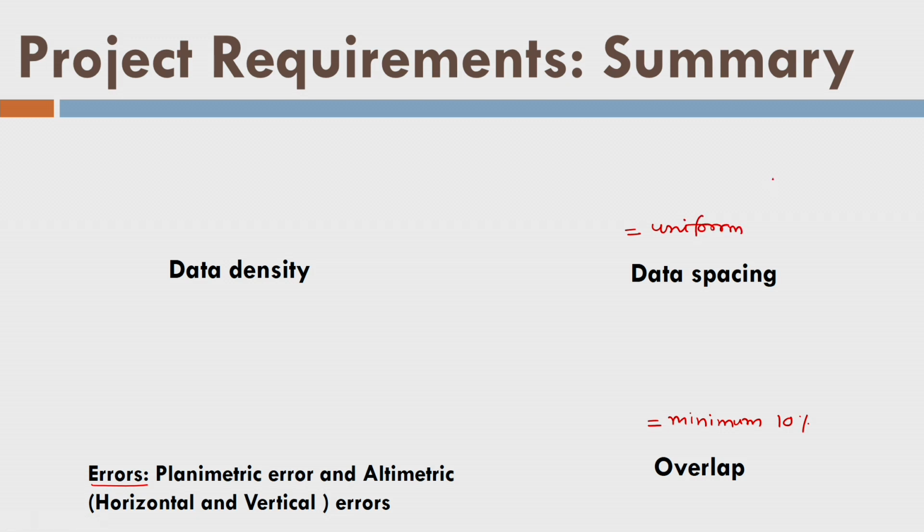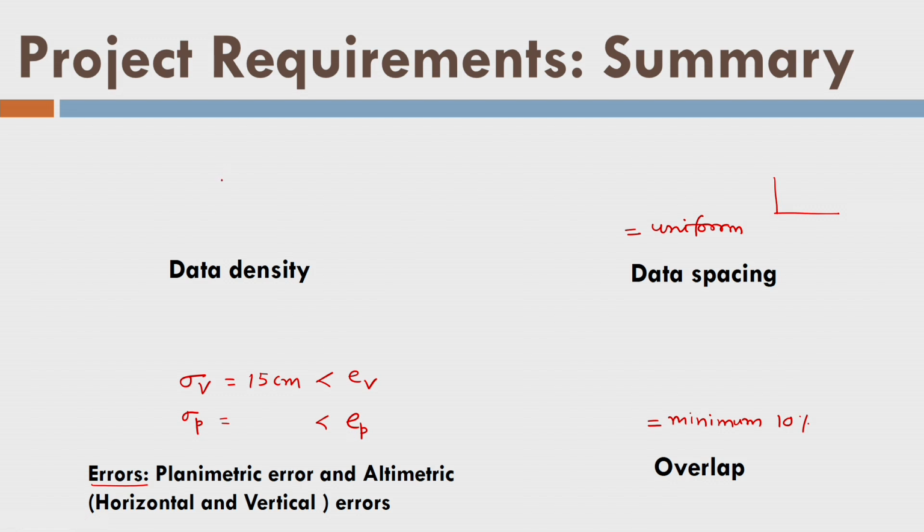That means the along track spacing and the across track spacing should be uniform. Okay. What about the errors? Errors should be given by sigma v, let us say some 15 centimeter, and similarly sigma p equal to something. So these errors which are obtained in the LiDAR data should be less than the maximum error, like this.